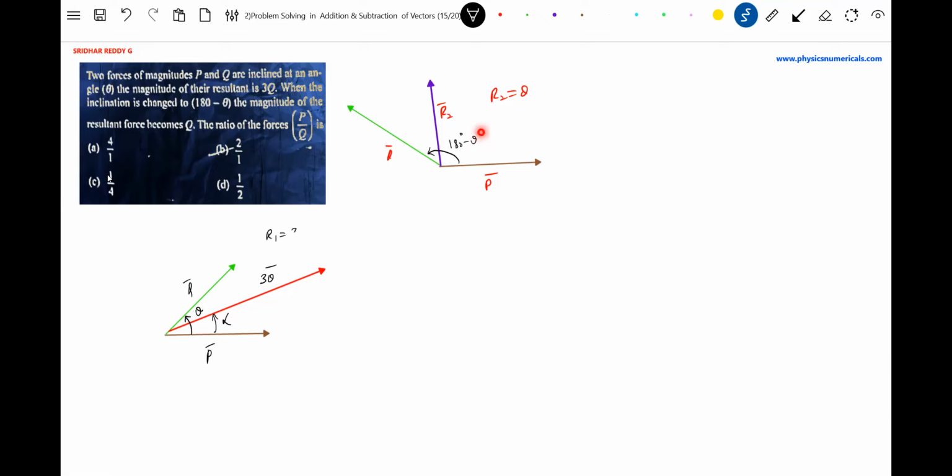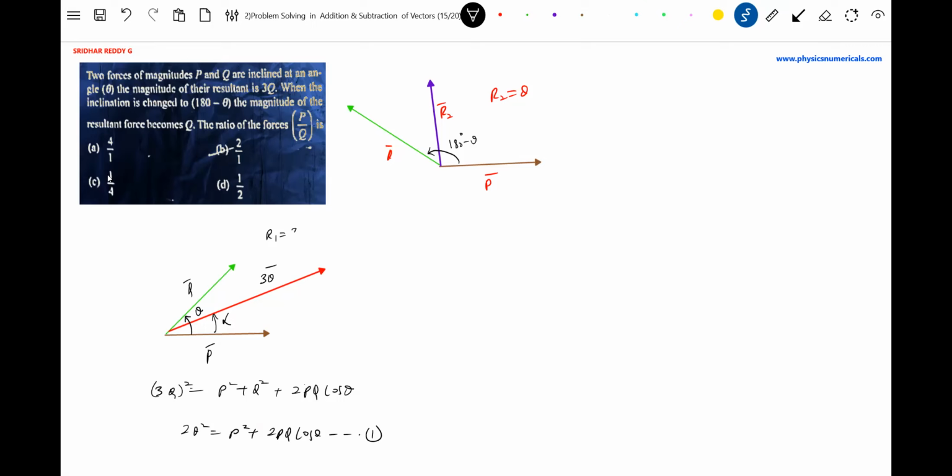This angle will be 180 degrees minus theta. So let's write the equation: 3Q whole square equals P square plus Q square plus 2PQ cos theta. So this will become 8Q square equal to P square plus 2PQ cos theta, equation 1.